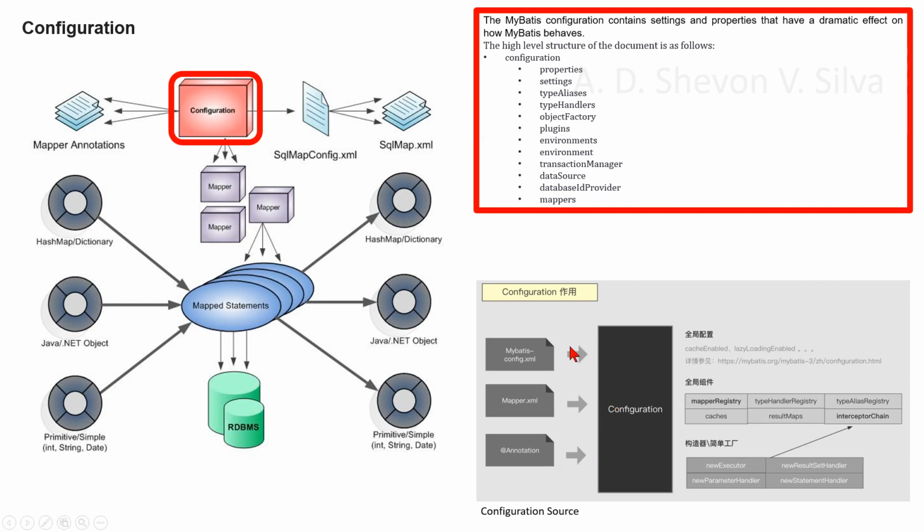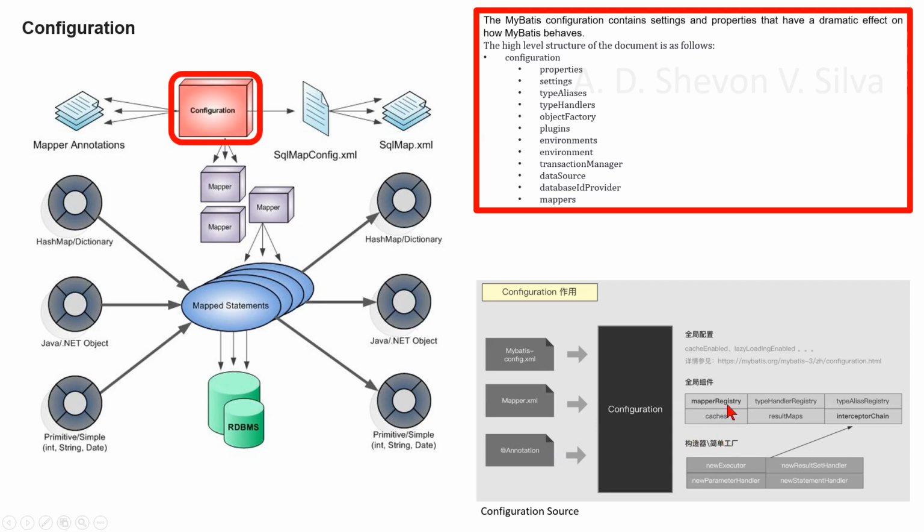Here you can see configuration sources. mybatis-config.xml is connected to configuration. Mapper.xml is connected to configuration, and annotation is connected to configuration.